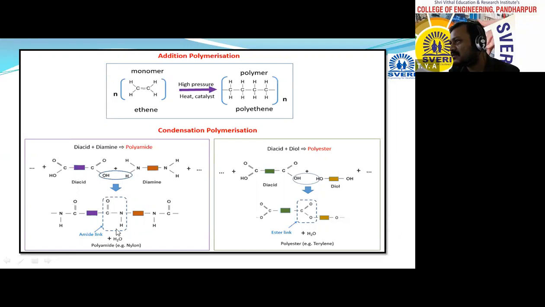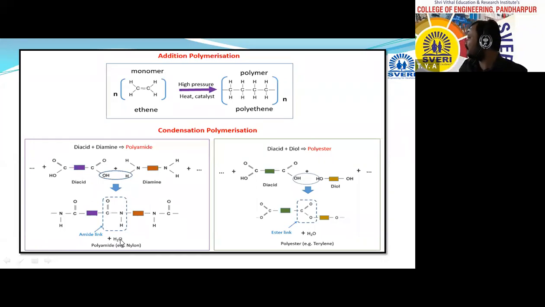This is the formation of polymer. This is polyamide. This polyamide will be formed from diacid monomer and diamine monomer by formation of water. Are you getting this? Condensation means two different monomers will be joined and one byproduct will be formed, like water.